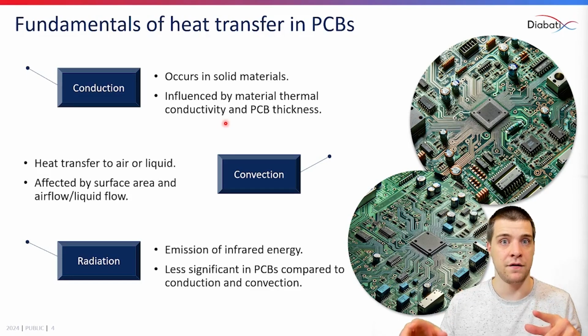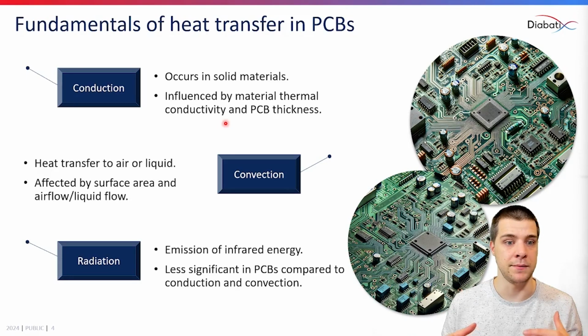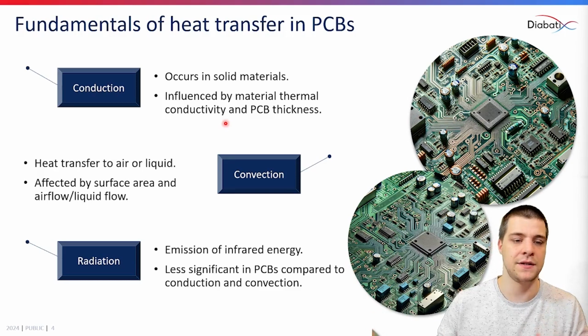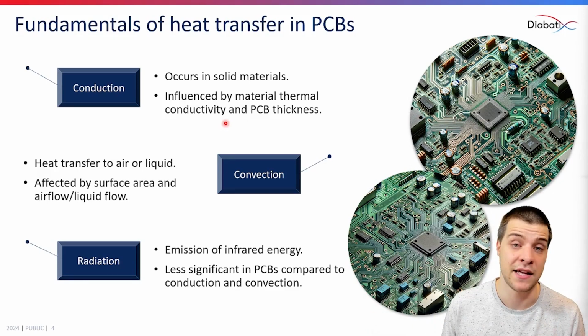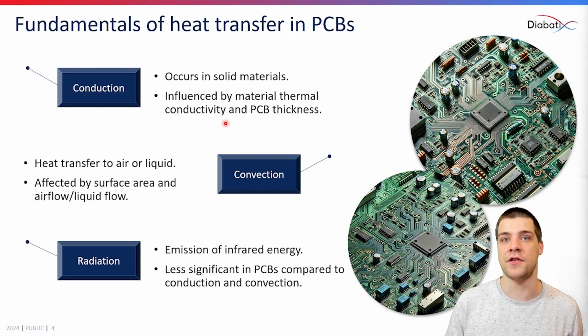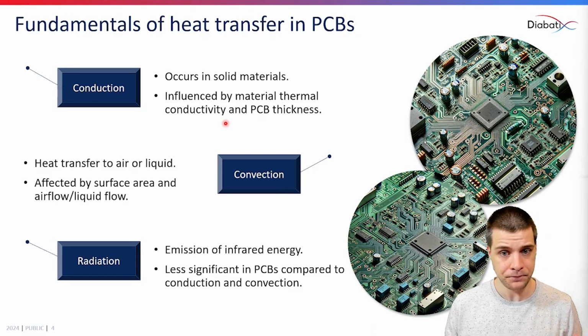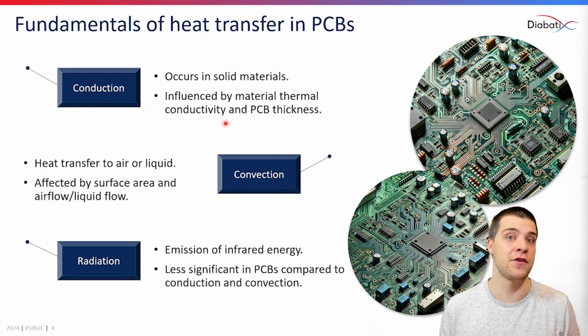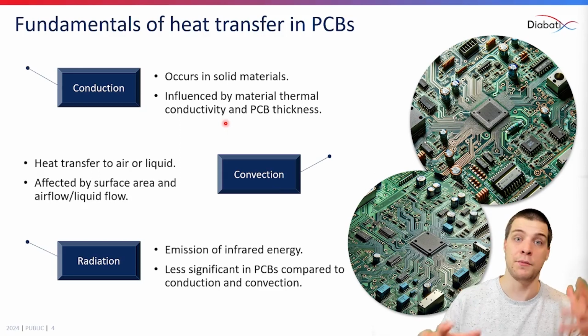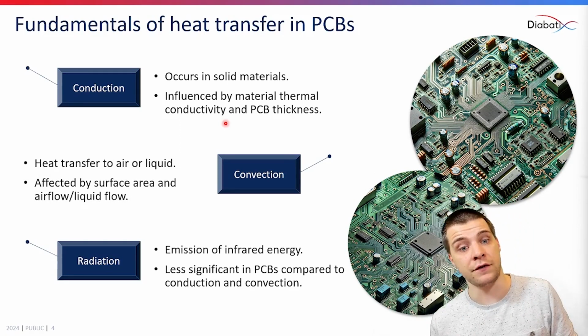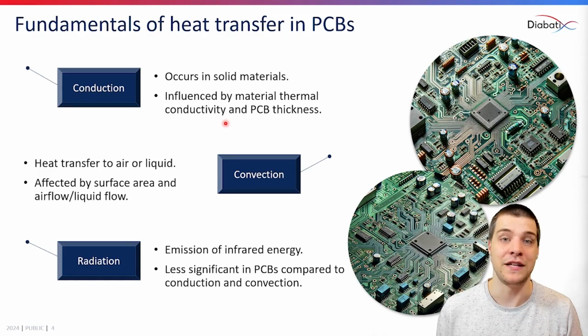Alright, so now the heat has transferred through the PCB and through the housing, and eventually it has to escape to the air, and that's where convection is the dominant effect. What is convection? Convection happens in media where the molecules can move around, and it's mainly affected by the surface area and of course also the fluid properties.